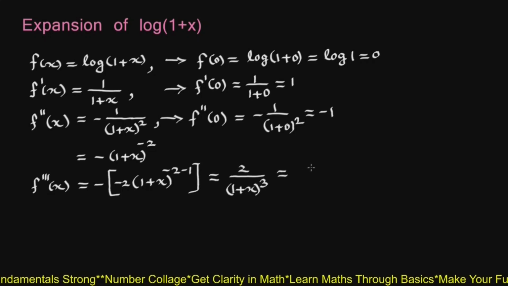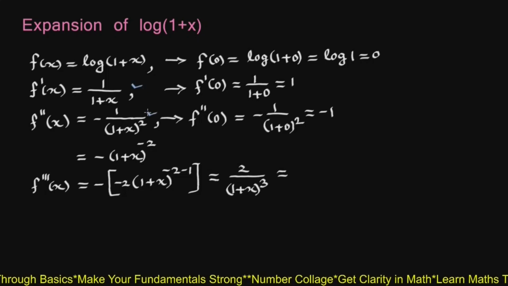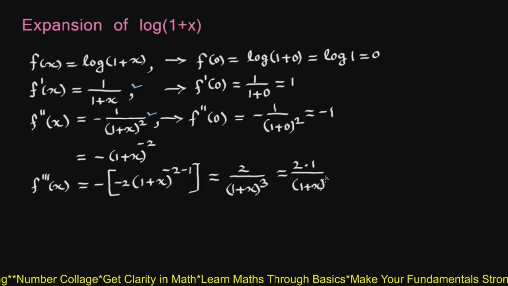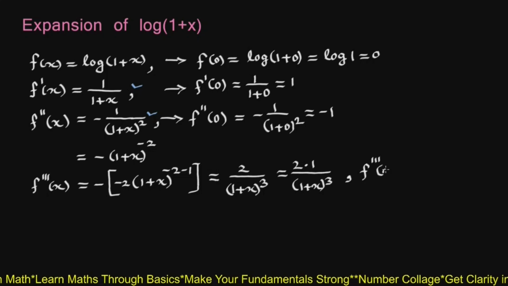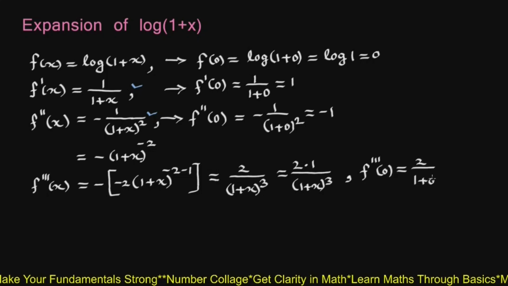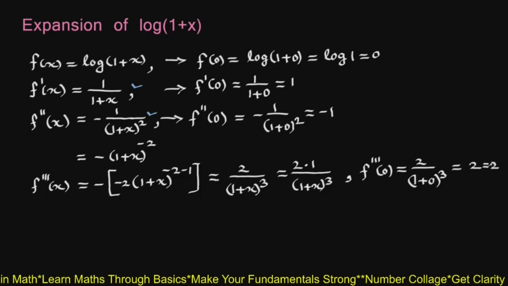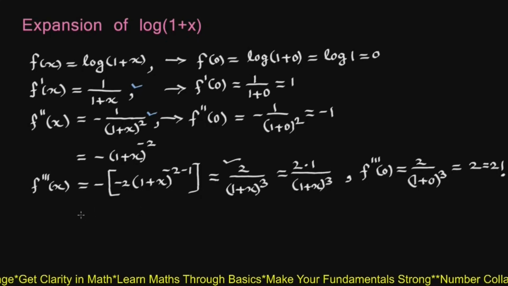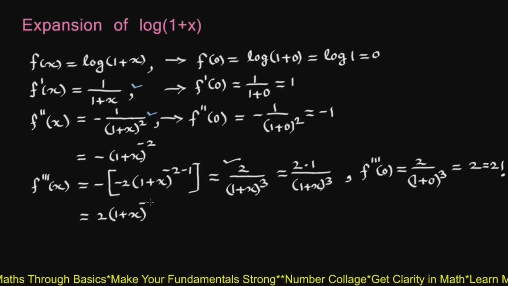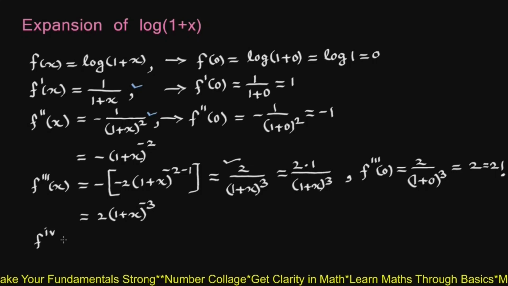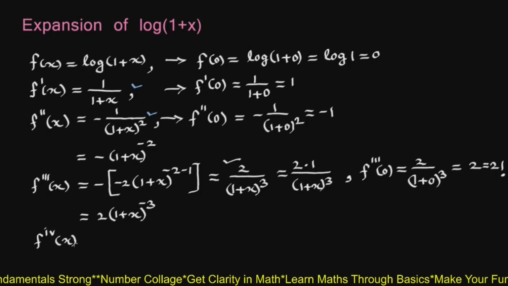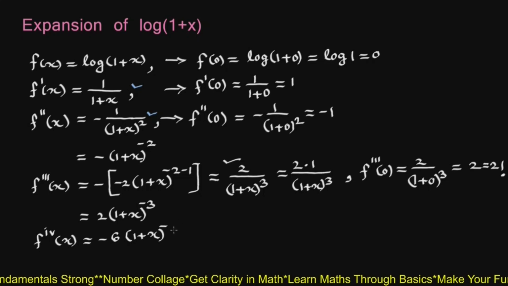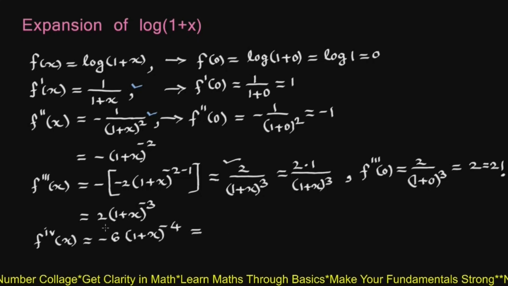That can be written, on the lines of f'(x) and f''(x), as 2 into 1/(1 + x)³, and f'''(0) will be 2/(1 + 0)³, that will be 2, or 2 factorial. Now this f'''(x) can be written as 2(1 + x)^(-3), and hence f⁗(x), that is the fourth derivative, will be -6(1 + x)^(-3-1) = -6(1 + x)^(-4).